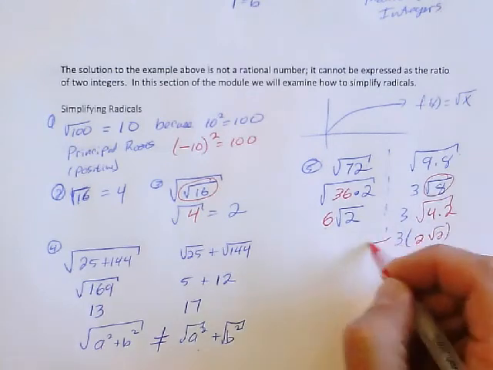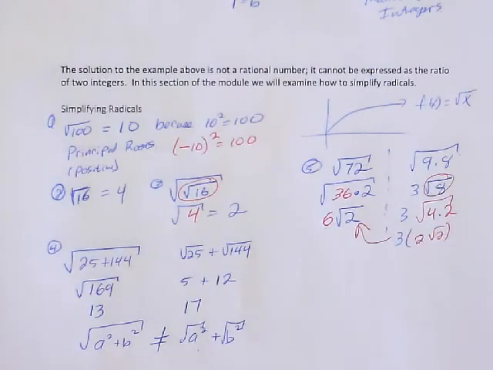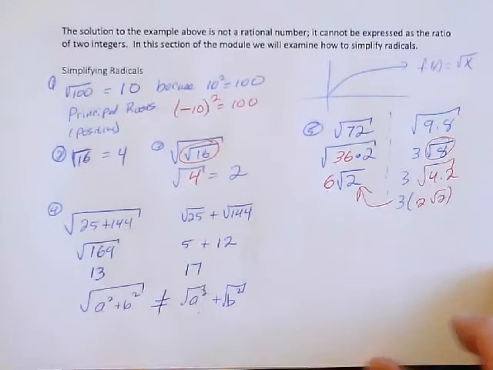So then you have 3 times, well, the 4 becomes a 2, square roots of 2. You end up with 6 rad 2. So whenever you're simplifying a perfect square, you always want to go with the largest possible perfect square.